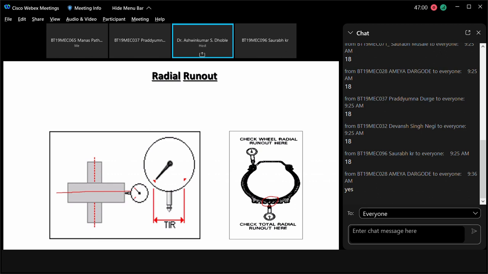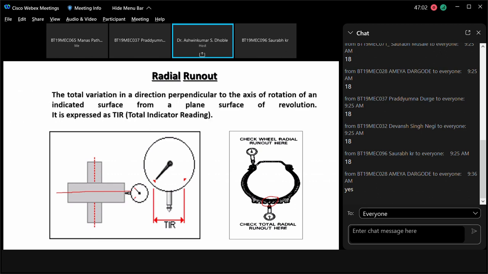Okay, now what it will do, see that total variation in a direction perpendicular to axis of rotation of an indicated surface from a plane surface of revolution, it is expressed in total indicator reading.